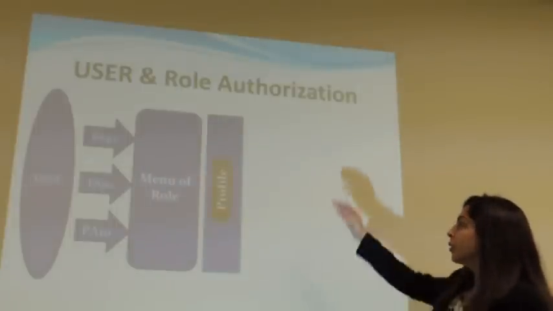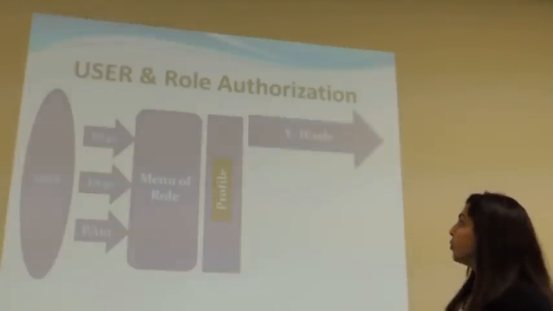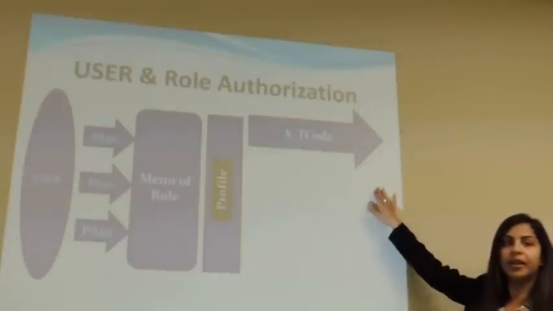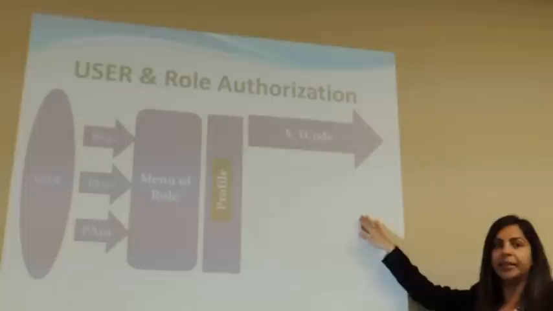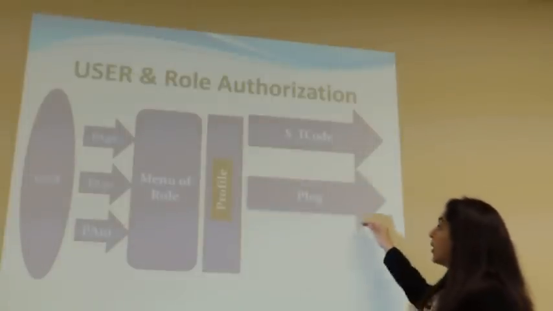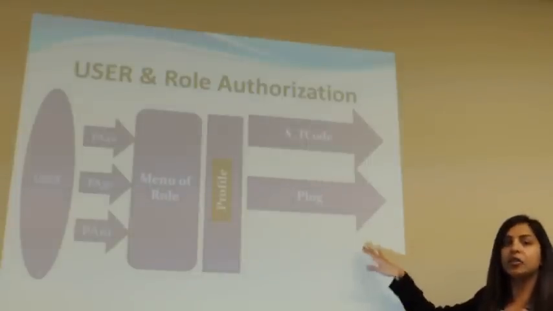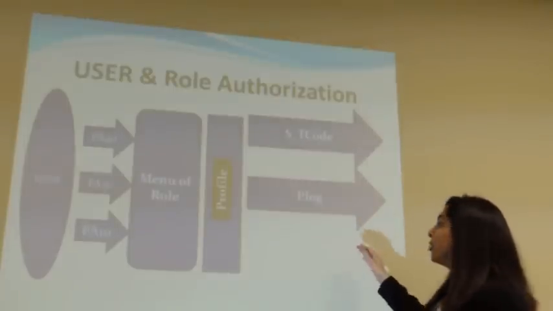After which we generate a profile for him. In the profile we will have the ST code. This code is an authorization T code which will let him start the transactions. Coming down, we will put blog here, which will give him access to organizational management. This is another authorization code for that.